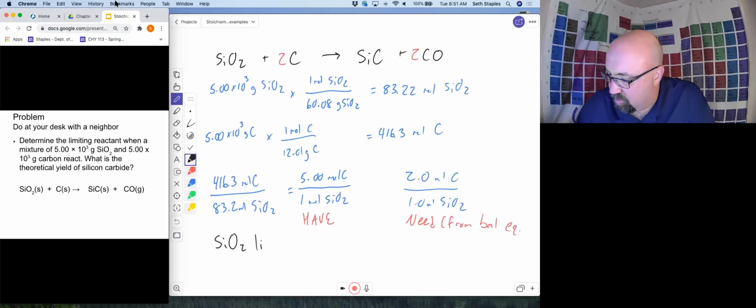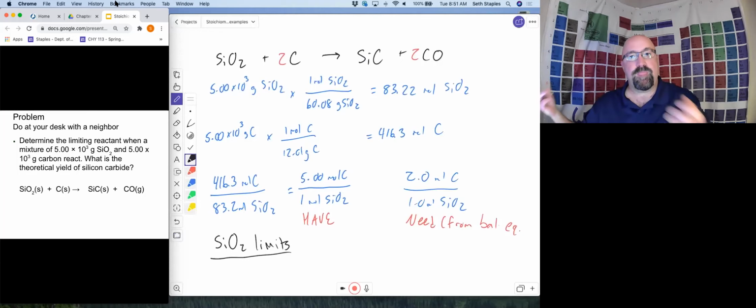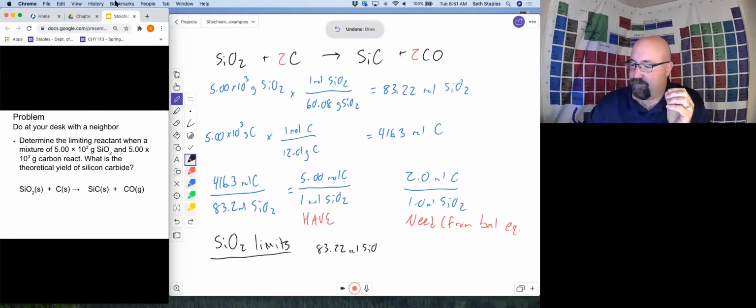So my SiO2 limits the reaction. And now I can just take that the rest of the way out. I know that the SiO2 limits, so I'm going to start from my 83.22 moles of the SiO2. I'm looking eventually for my silicon carbide.